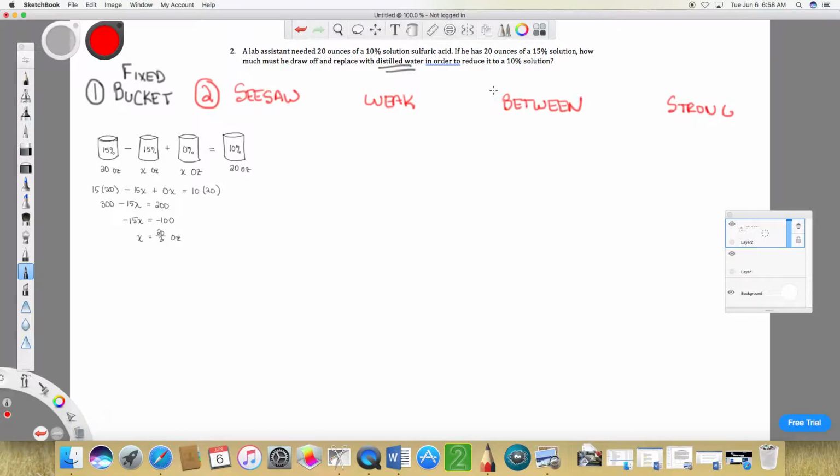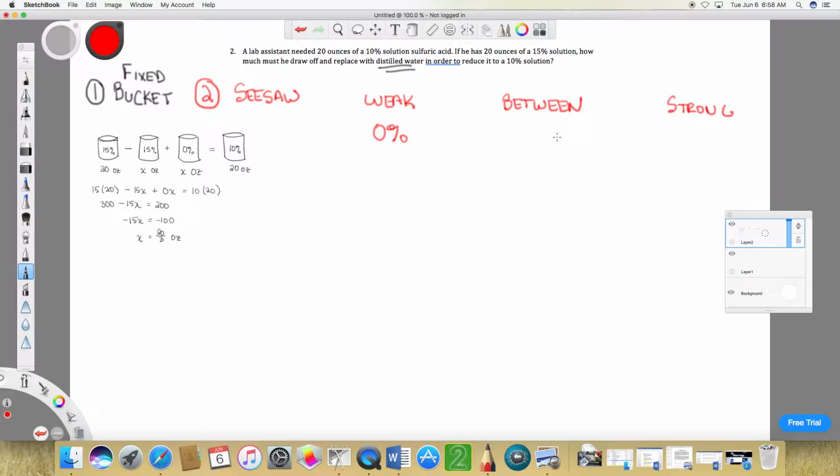So in this problem, we had distilled water, where our concentration is measuring the amount of sulfuric acid. So the weak solution had no sulfuric acid, that was 0%.